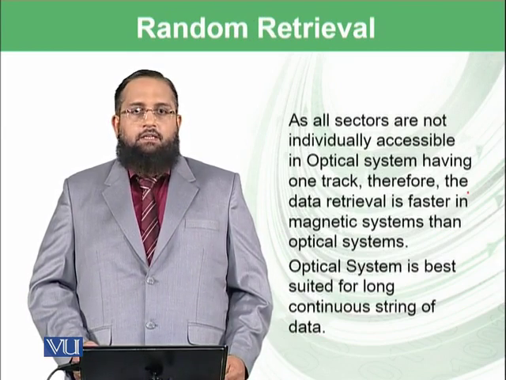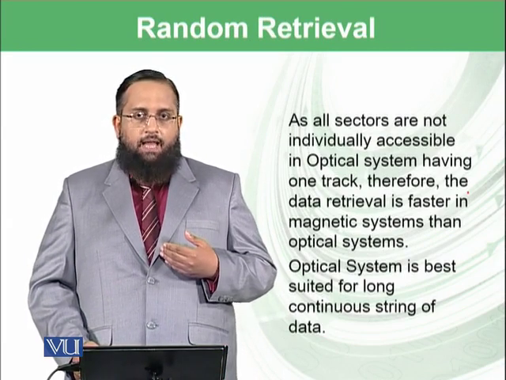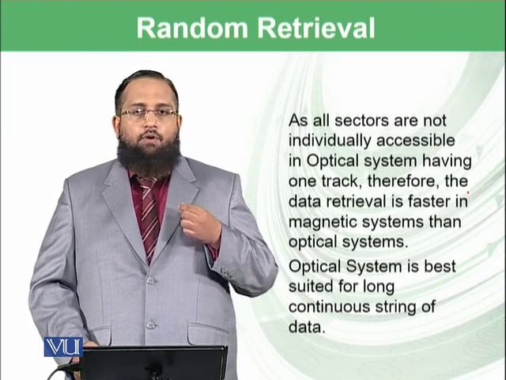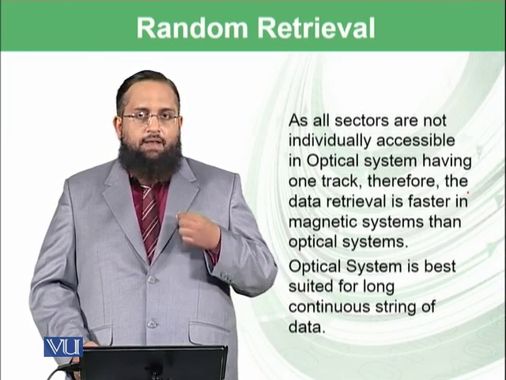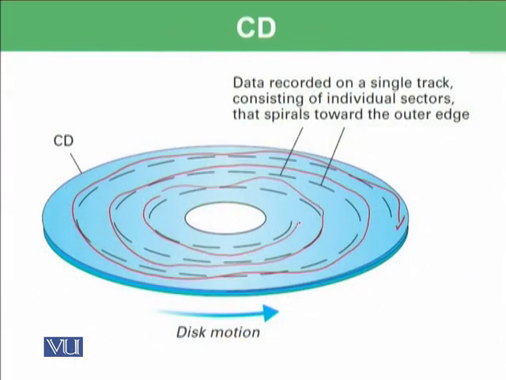Retrieval means you want to access data from the disk, and random means you can access wherever you want. For example, if you are at the moment reading data from here, but suddenly you want to read data from there, there is no random access, as was available in the form of a magnetic disk.